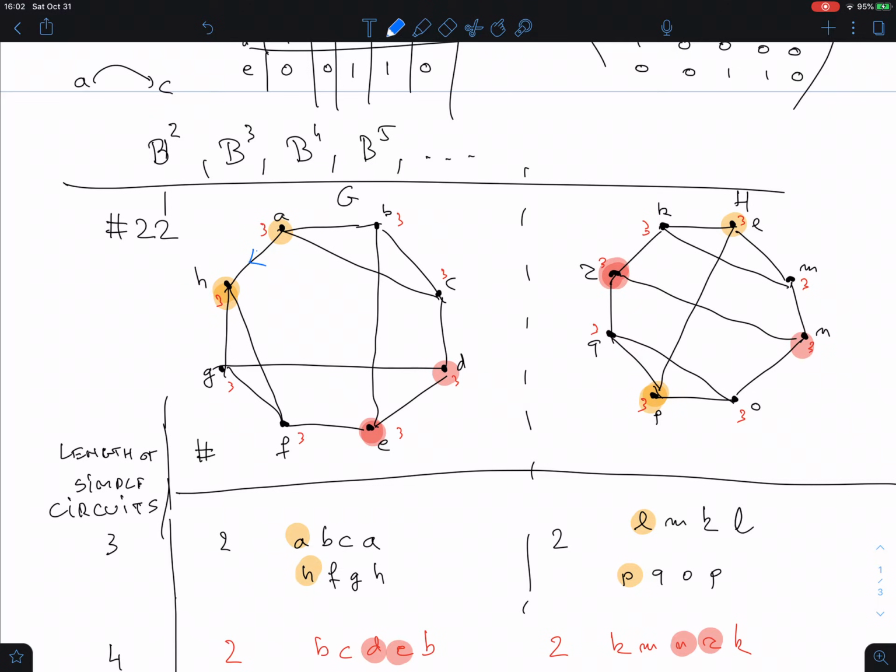And then I'm saying I want to go from the second yellow to the second red as quickly as possible. What's the shortest path from the second yellow to the second red?